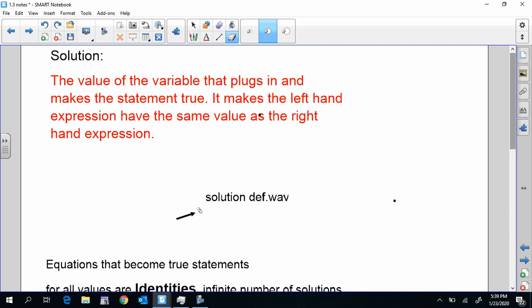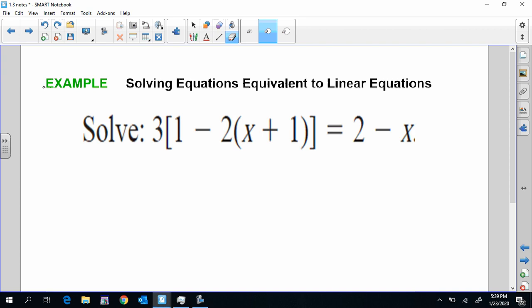You better give me the value of the variable that plugs in and makes a statement true. It makes the left-hand expression have the same value as the right-hand expression. You probably want to make sure you get that down, if not in the book, and I will test you on it. You're welcome. There's 3 points for you. I just told you what I'm going to test you on.